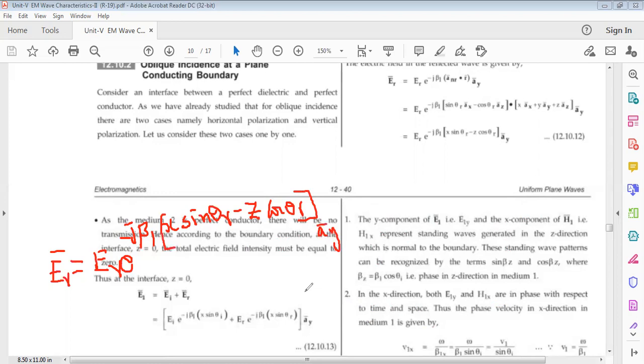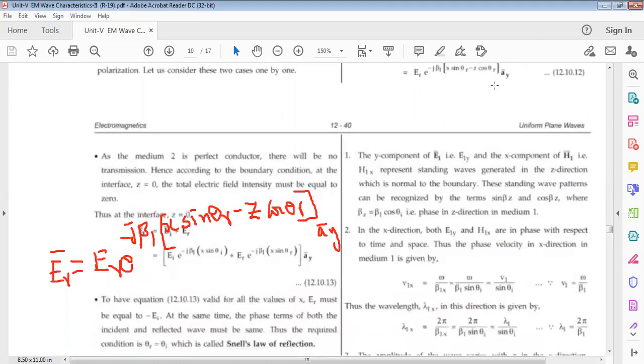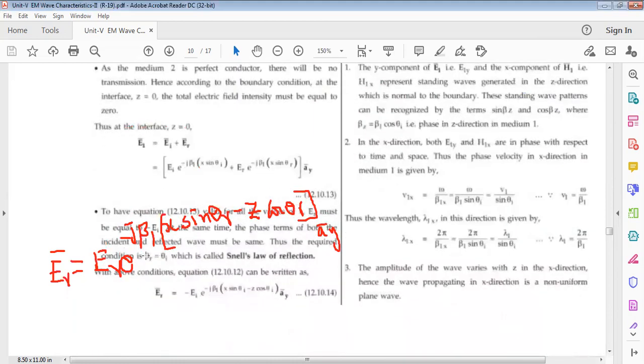Okay, my dear students. Using this, now I am replacing ER is equal to minus EI.